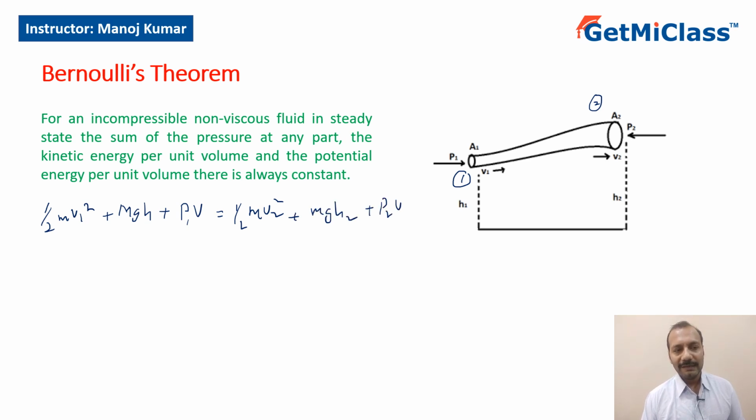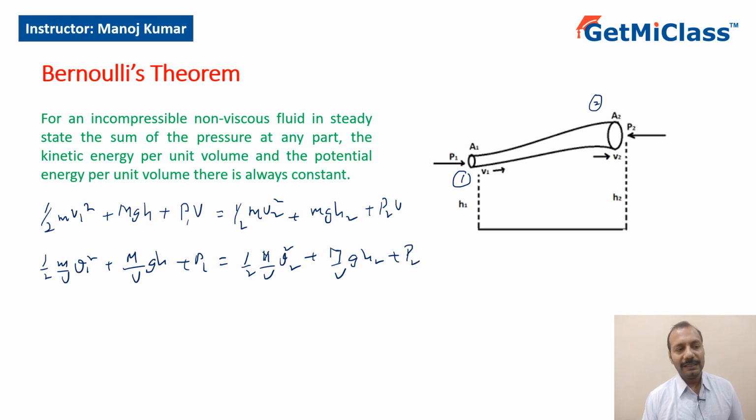What I'll do is divide everything by volume. When I divide everything by volume, I get half m by v into v1 square plus m by v gh1 plus P1 equal to half m by v into v2 square plus m by v gh2 plus P2.